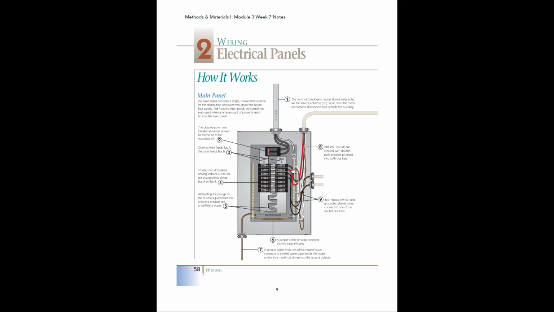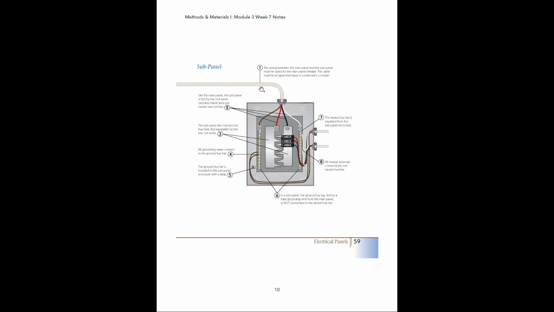You may also have what's known as a sub panel, and if you follow this cable right here, that's going to take us to a sub panel. Basically a sub panel is just another version of the main breaker panel, just a smaller version, and this may service a particular appliance inside of your house.